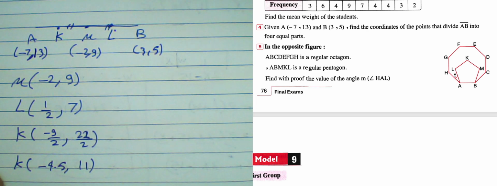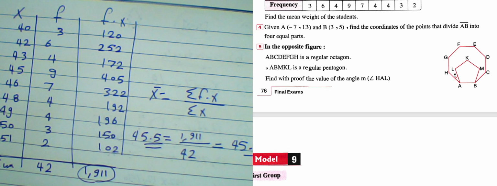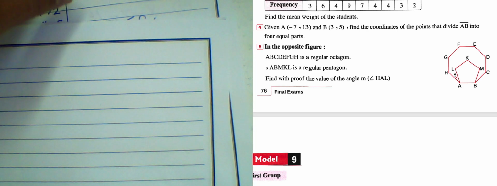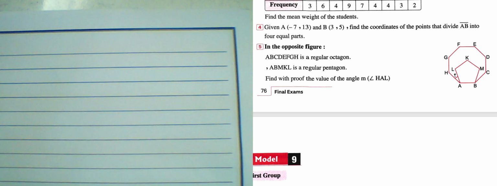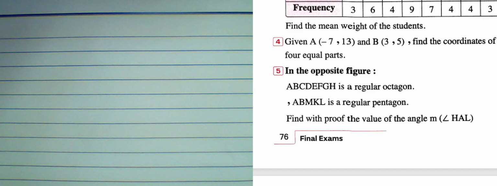Last question here. Look with me at the last question. Number 5. In the opposite figure, we want to find the measure of angle HEL. Okay, this angle HEL is included between two angles.